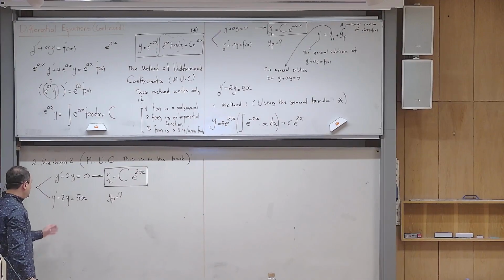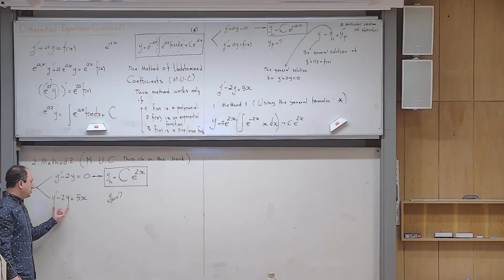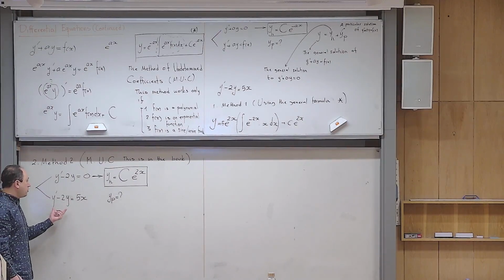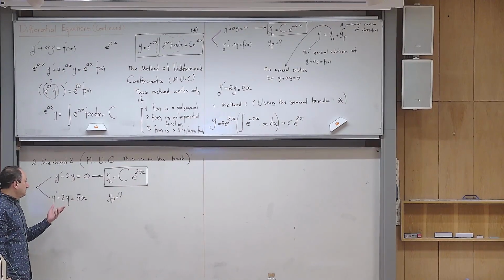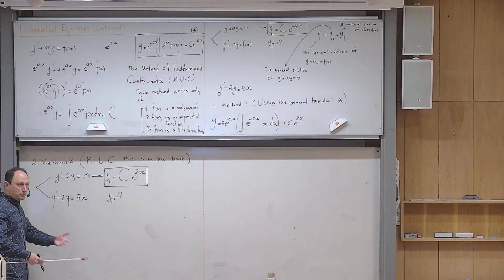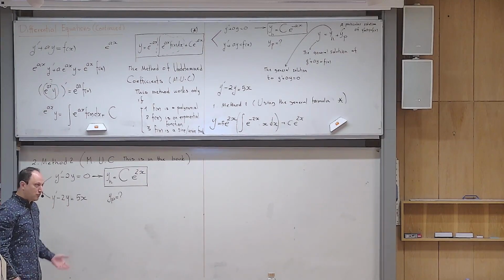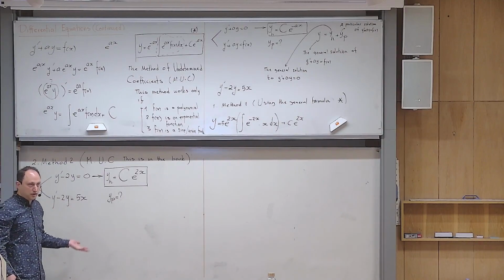For example, if you want to find, by just guesswork, a solution to this one, I hope that you agree with me, it is pointless to try sine and cosine functions. Because if I try sine or cosine, then the derivative of sine and cosine is again sine or cosine. So on the left, I will have a combination of sine and cosine, and I will not have a chance to reach 5x.